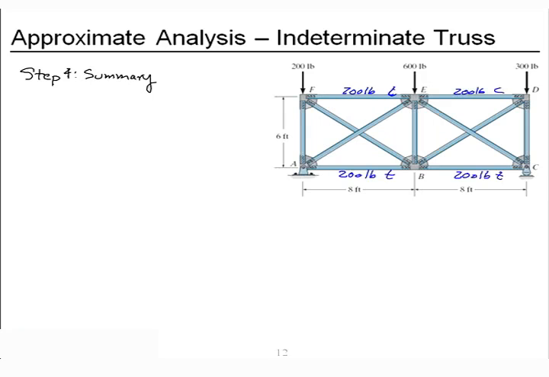Each of the diagonals, 250 pounds. And the diagonals gathering here at point B were in tension. The diagonals gathering up here at point E were in compression.